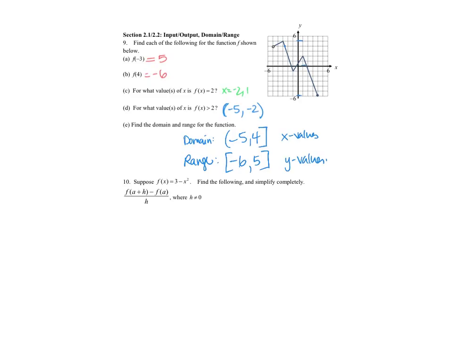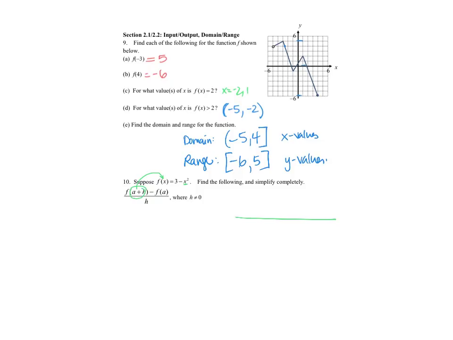Okay, so next one, I want to find f of a plus h minus f of a, over h. So what I want to do here is plug in this a plus h for my input value. So that's going to go in here for x.